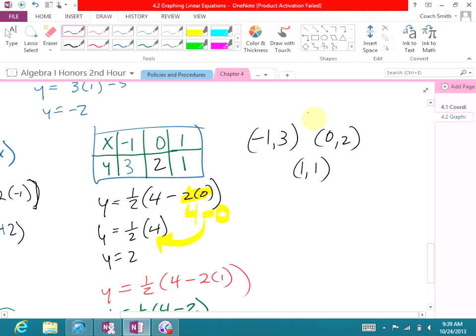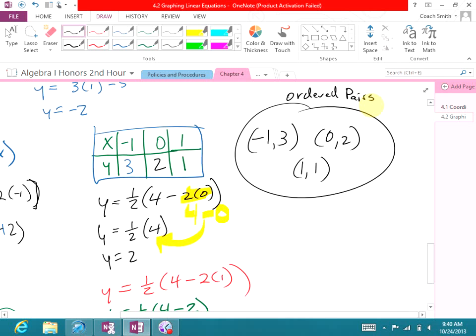That is the actual answer to these problems on 21 through 29. So don't just leave the input-output table. That's not your answer. The actual answer is these ordered pairs.